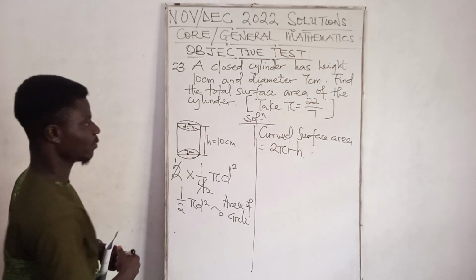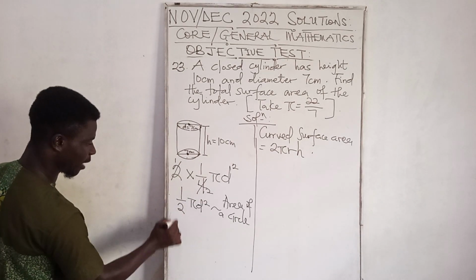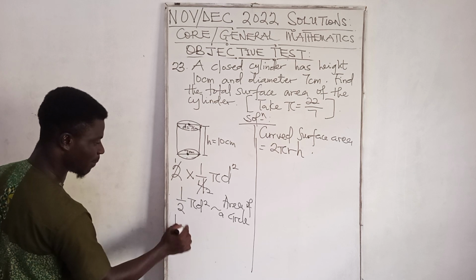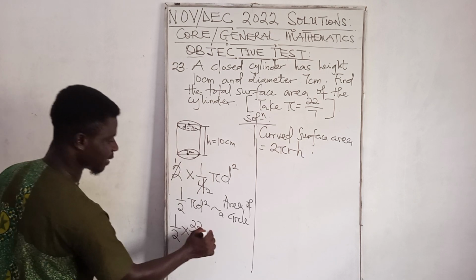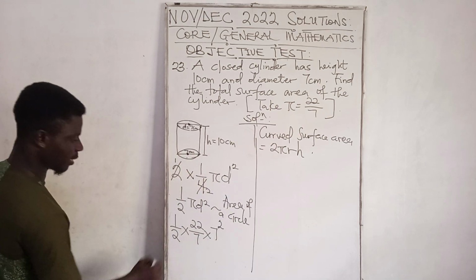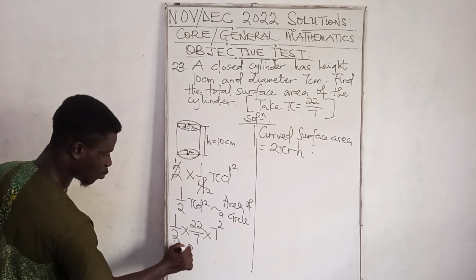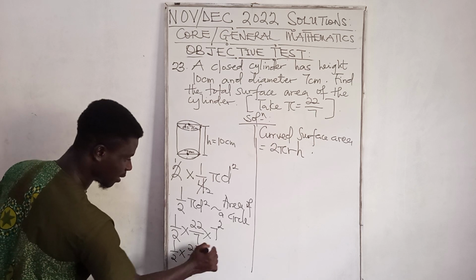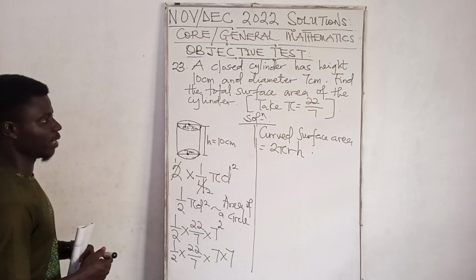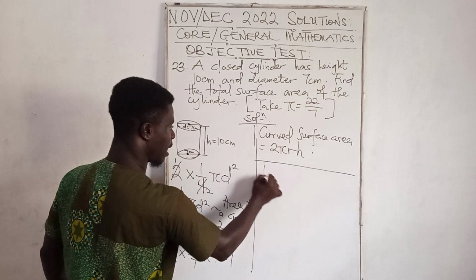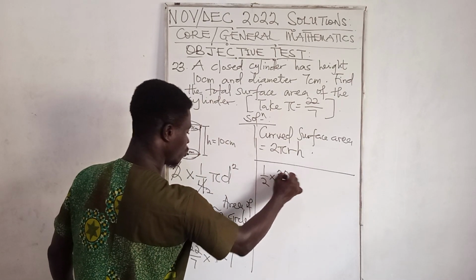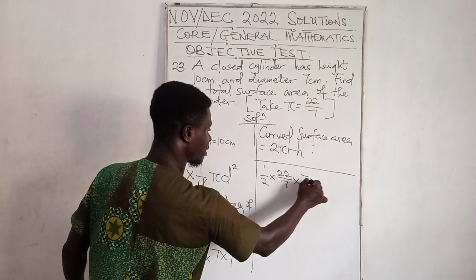So now let's see. I get 1/2 times pi, which is 22/7, times the diameter, which is 7 squared. So 1/2 times 22/7 times 7 times 7.